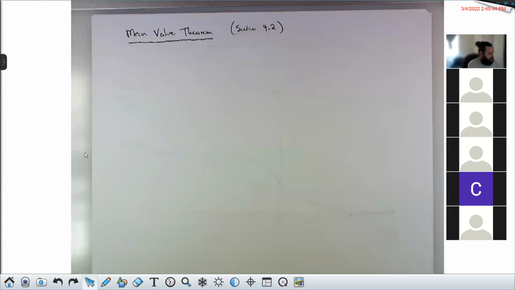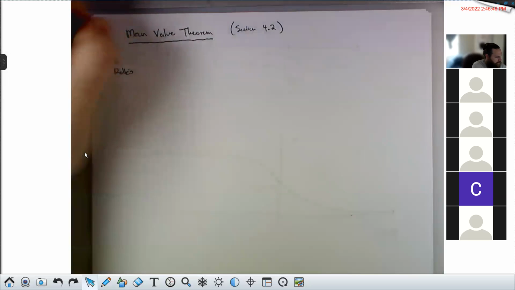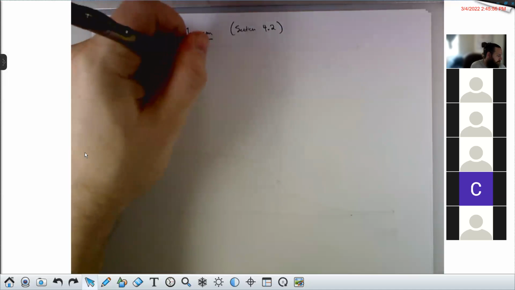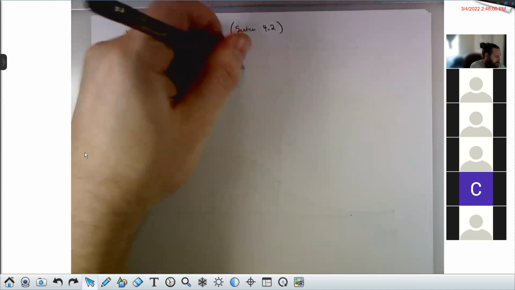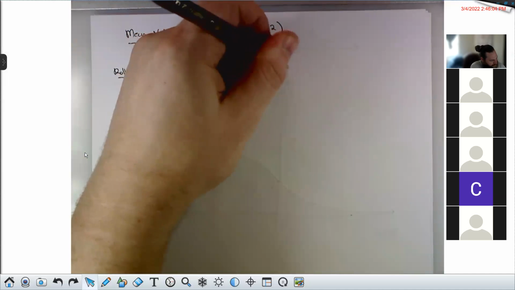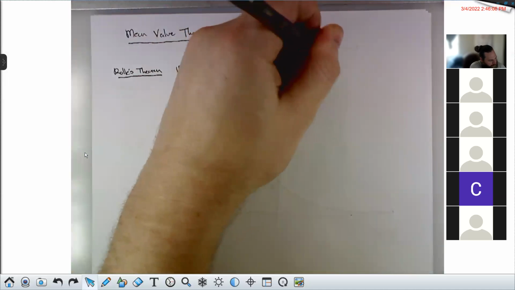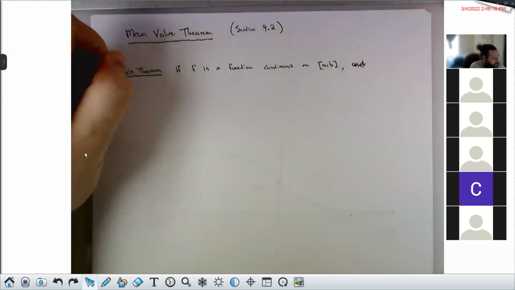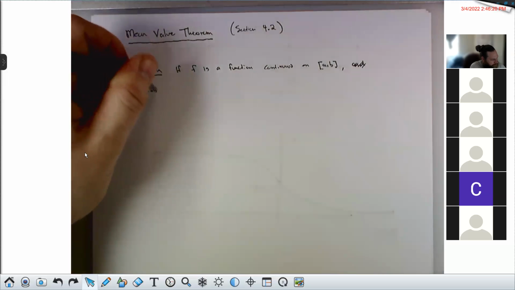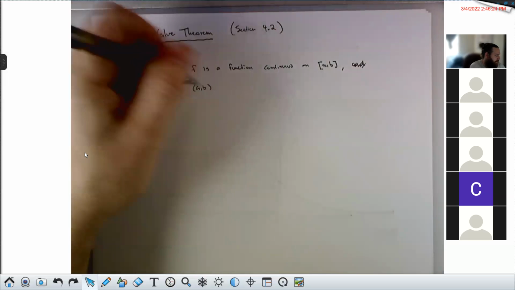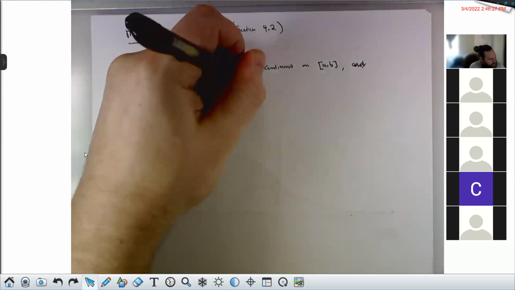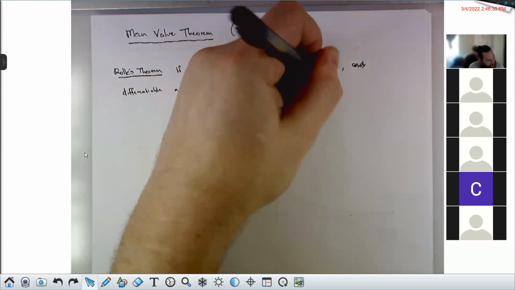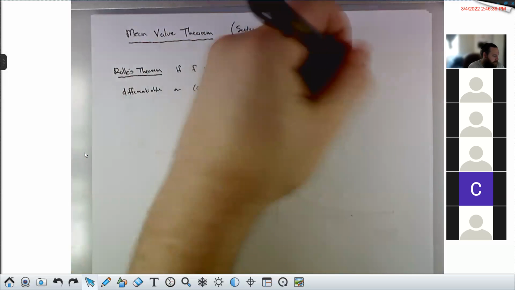We begin with Rolle's theorem, which says if f is a function continuous on the closed bounded interval a to b, I should say comma, differentiable on the open interval a to b, and satisfying f of a equals f of b, then something is true.